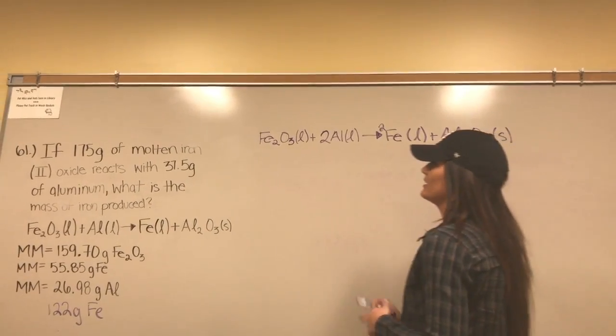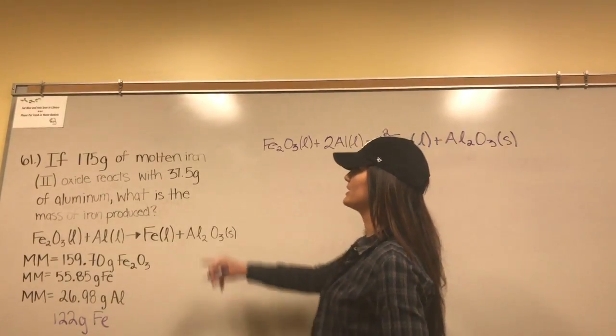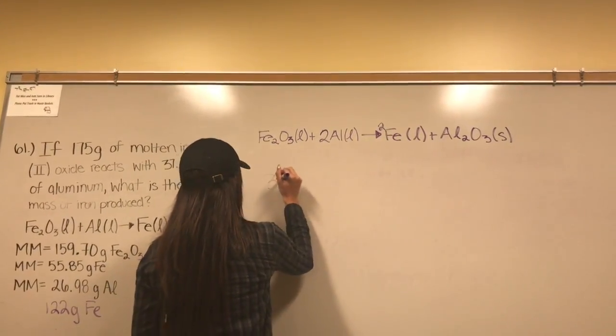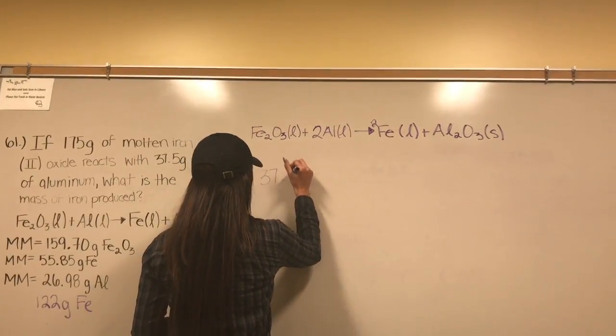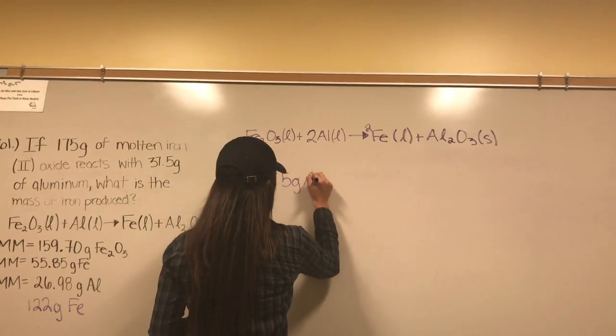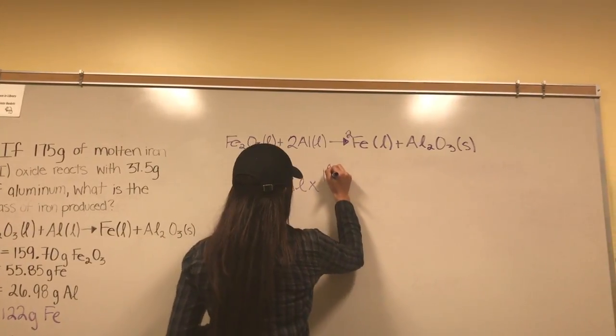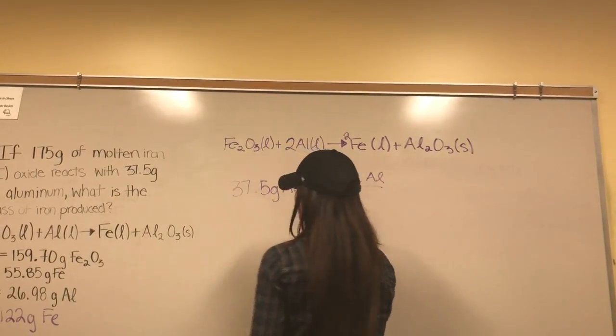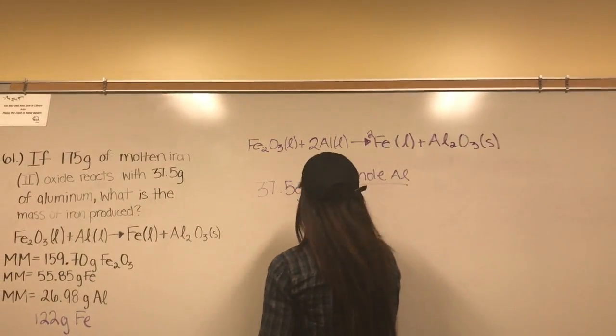Okay, so now that we're done with the first equation, we're going to do our second one, which is this 37.5 grams of aluminum. So 37.5 grams aluminum times 1 mole aluminum. And then we're going to have to take the mass of aluminum, which is 26.98.